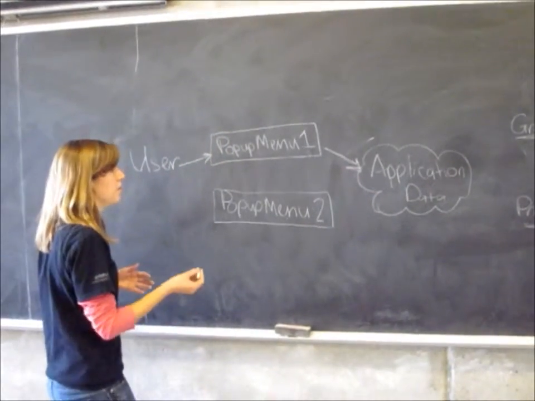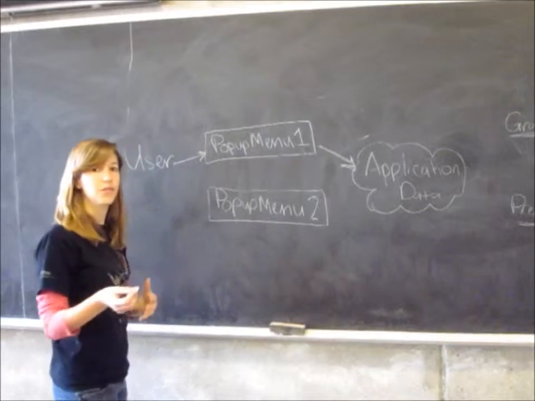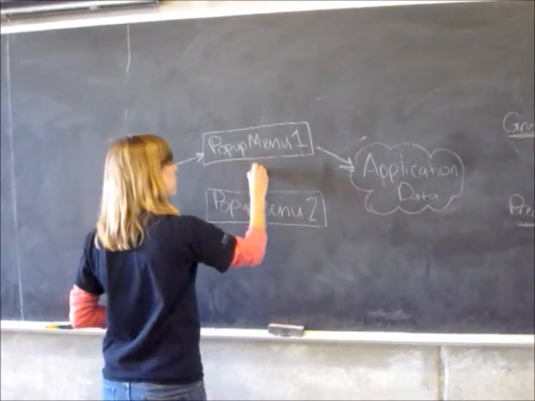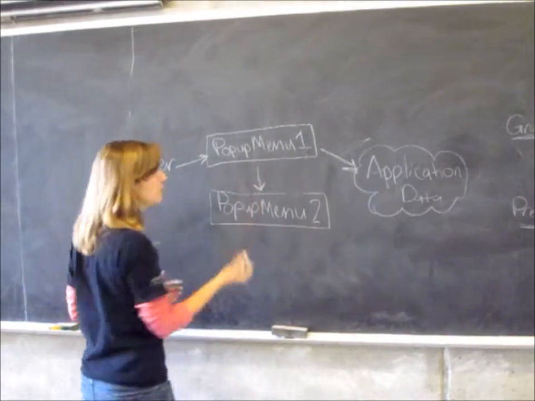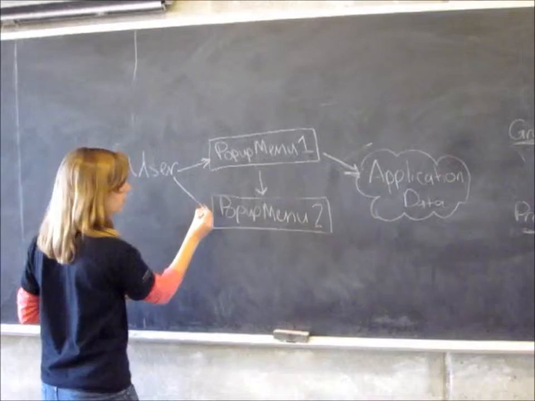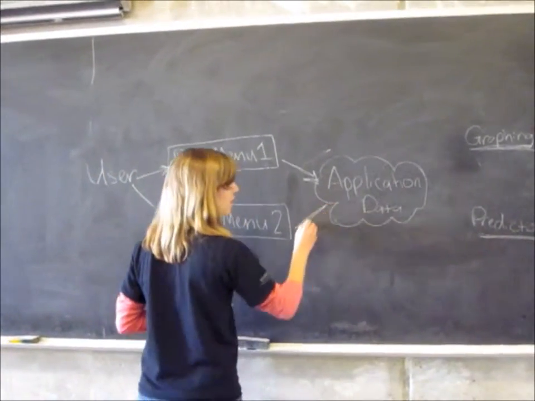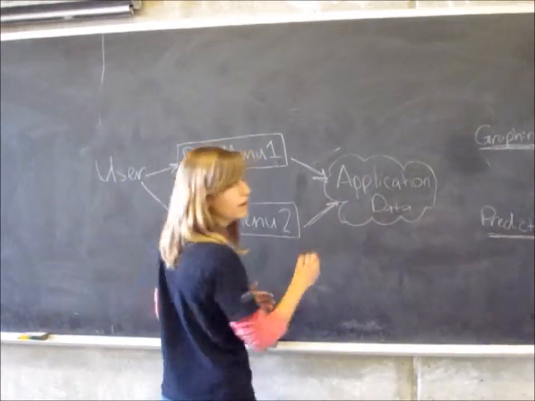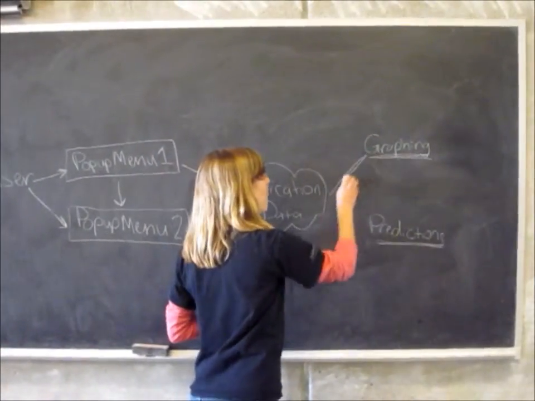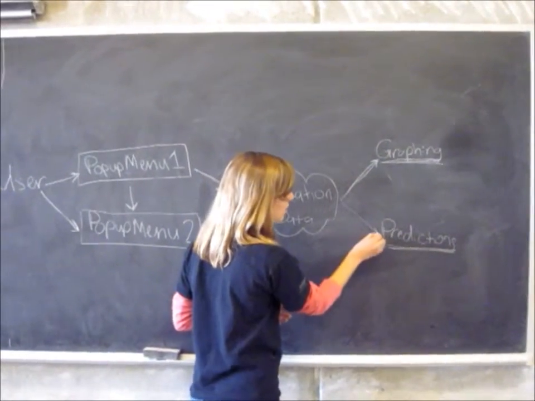The act of the user making a choice in the pop-up menu will make the next pop-up menu visible, which then the user can choose the next selection in, which will be, again, saved to application data. Then the application data is used in the graphing of the data and the predictions.